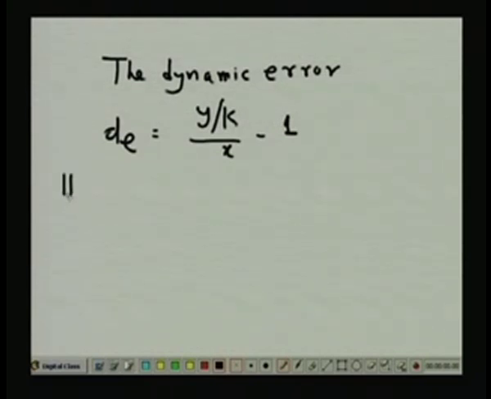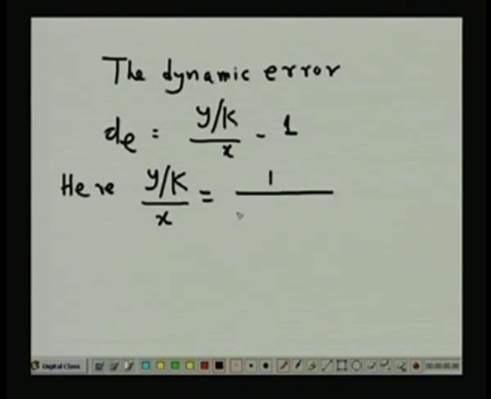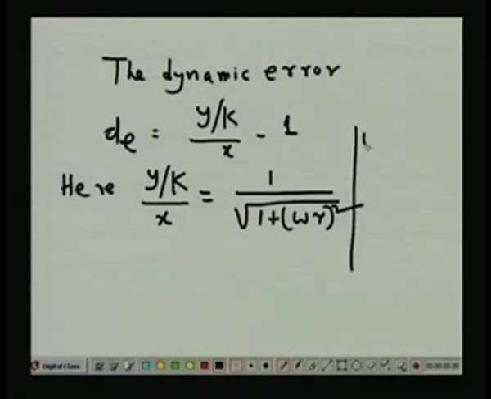Here y by k by x equal to 1 upon root over 1 plus omega tau whole square. Here omega is given, omega is 2 pi times 3, and tau is equal to 0.5.